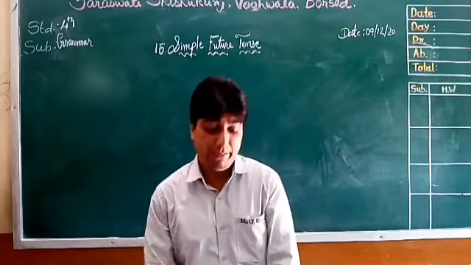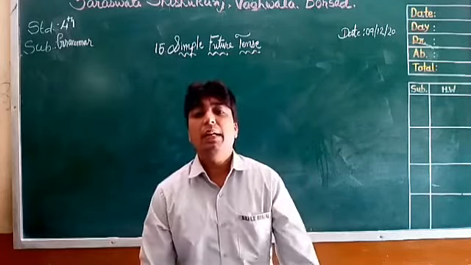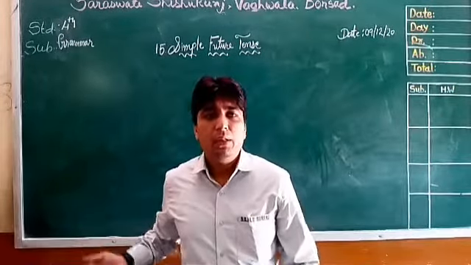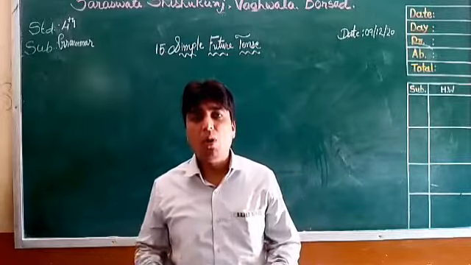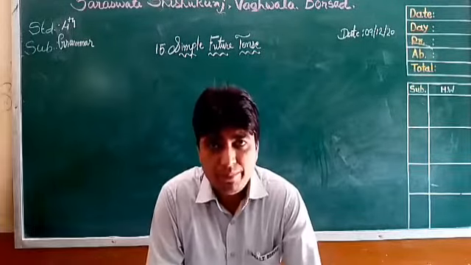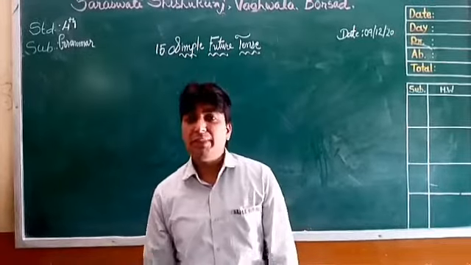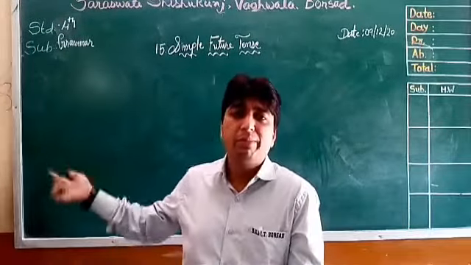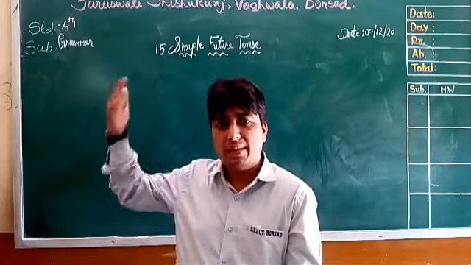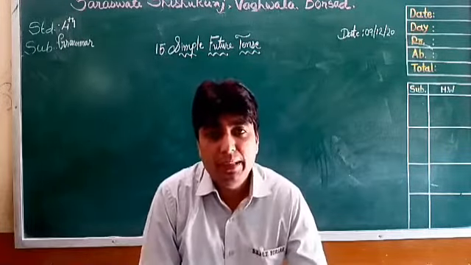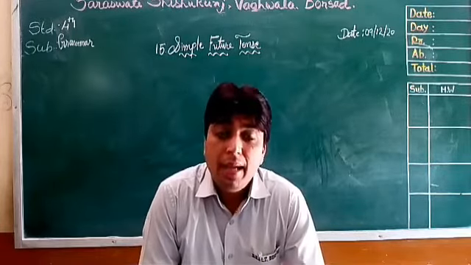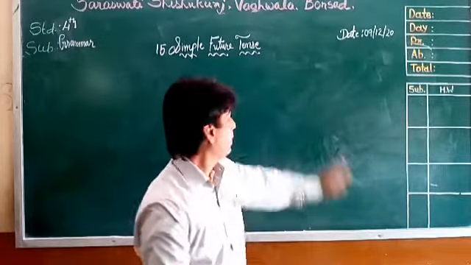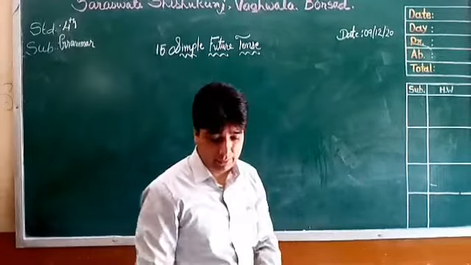Present tense is for the actions which are going on now or on a daily basis. Past tense is for the actions which had already been completed in the past, yesterday, the day before yesterday, last week, last month, last year, long years back. And the tense which is going on is the simple future tense.